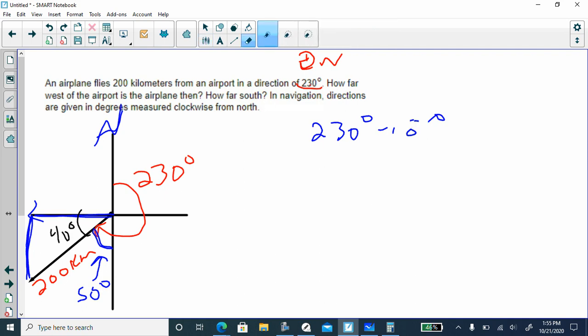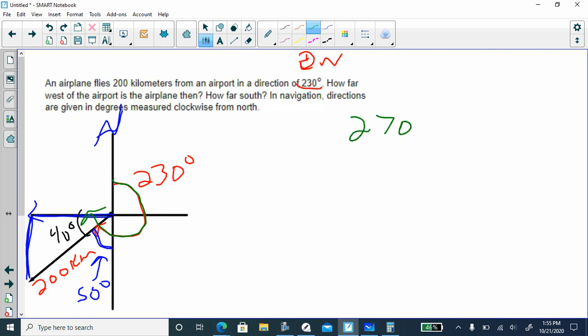Another way we could look at this is that our reference angle is measured to the horizontal. From here all the way to there is 270. If we take away this part, the part that is not our reference, that's the 230.